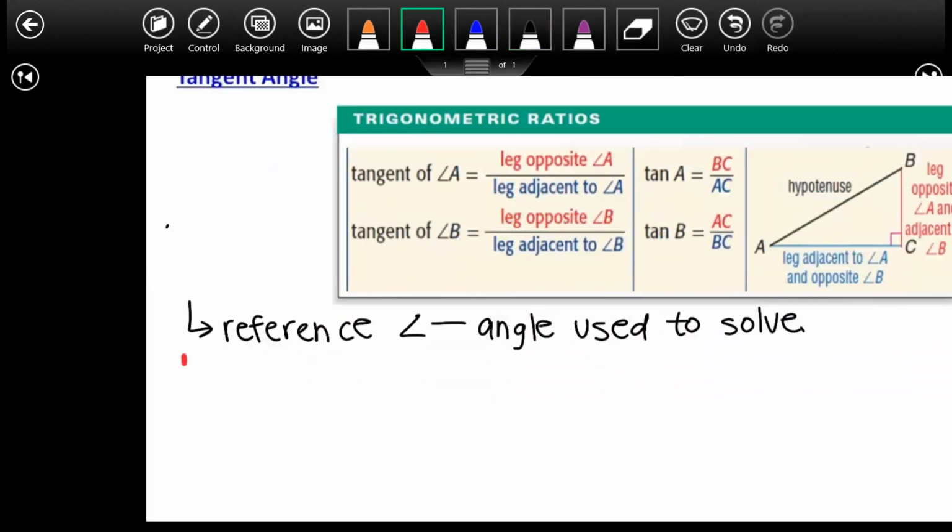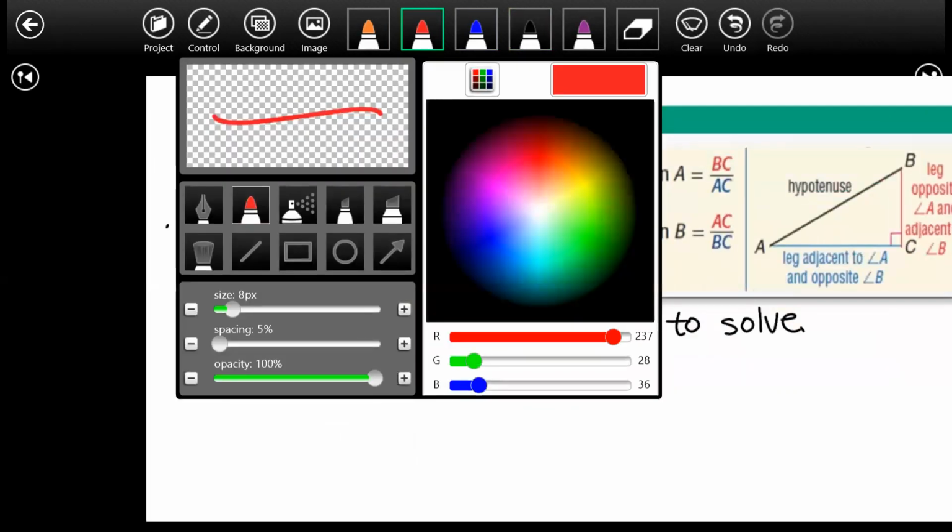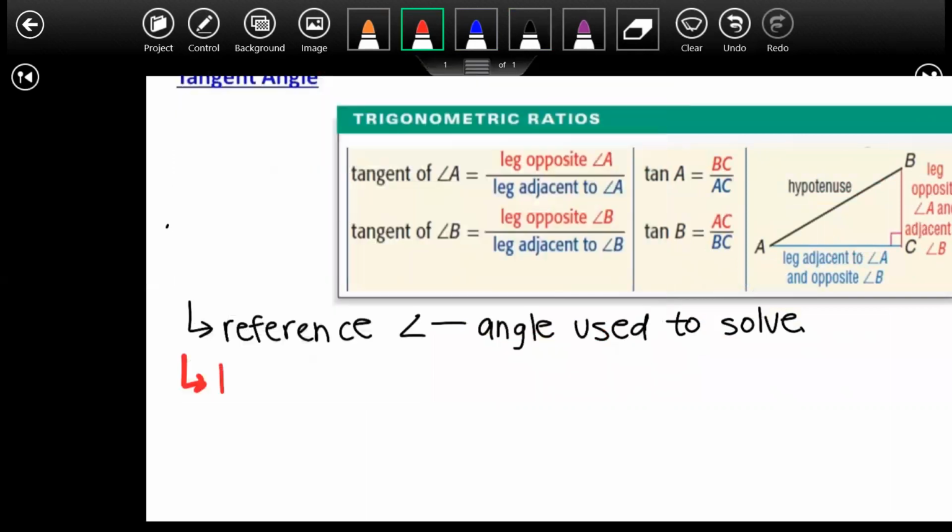The other thing we're going to say here is our hypotenuse. Is that how you spell it? Hypotenuse, is anyone a good speller? There you go. No H. Hypotenuse.